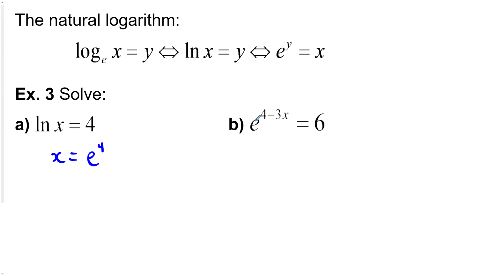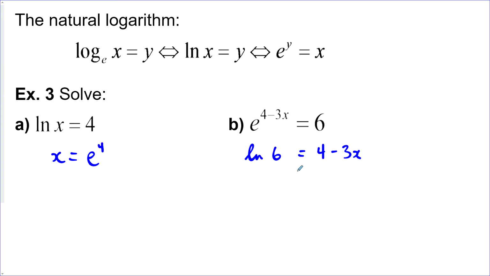This one here, let's use log form. So here's our base, and I'll just use the natural log of 6 is equal to the exponent here, and I just need to do a bit more algebra to solve for x.